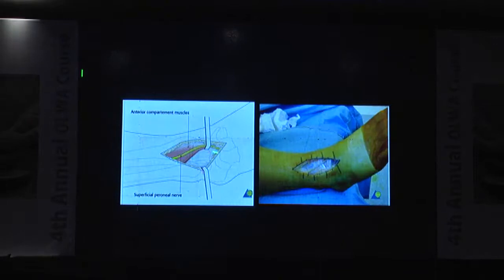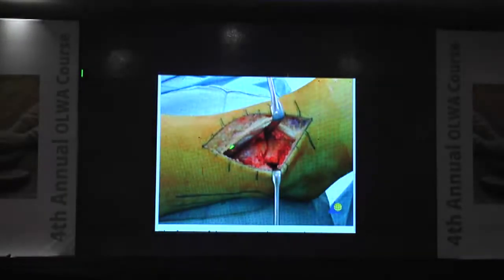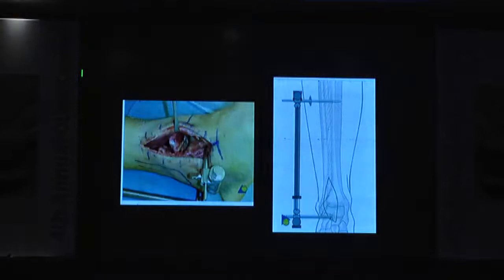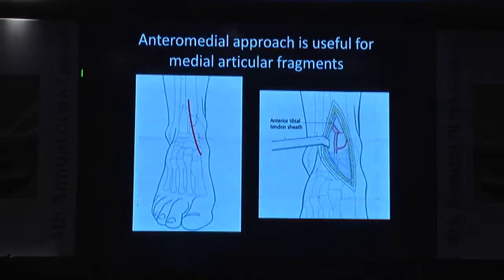You will encounter the superficial peroneal nerve, which has to be retracted, and then the entire anterior musculotendinous structures are lifted from the anterior aspect of the tibia, and you can see that the anterior surface of the tibia is exposed, your talonavicular joint is exposed, and you can take this opportunity to put in an intraoperative distractor between the talus and the tibia. So this distractor can be used to reduce the fragment and to improve your exposure.